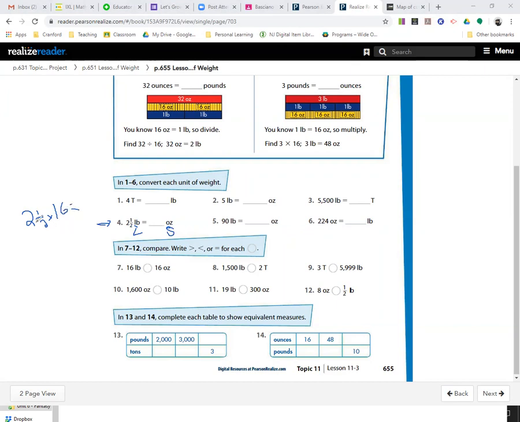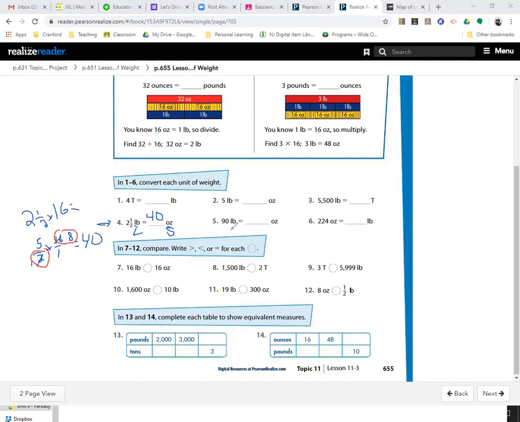You can do this work. You can turn this into 5 over 2 times 16 over 1. You can simplify this, it becomes an 8. This becomes 1, and you would get 4. So you would get 40 ounces for number 4. I simplified these fractions over here by dividing each of those by 2. So let's not forget that that's how we solve those.